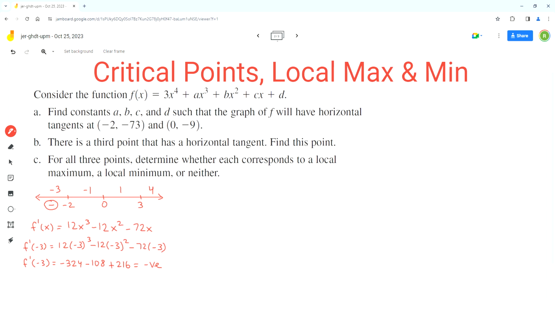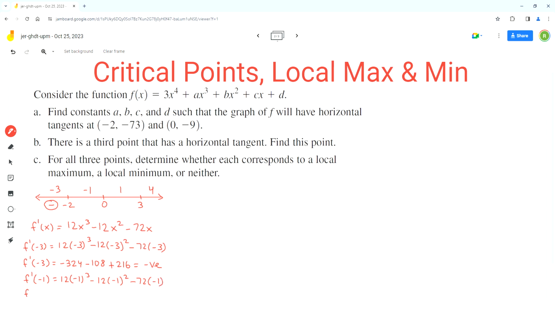Now we can do the analysis for the second test value, -1. f prime of -1 equals 12 times -1 cubed minus 12 times -1 squared minus 72 times -1.